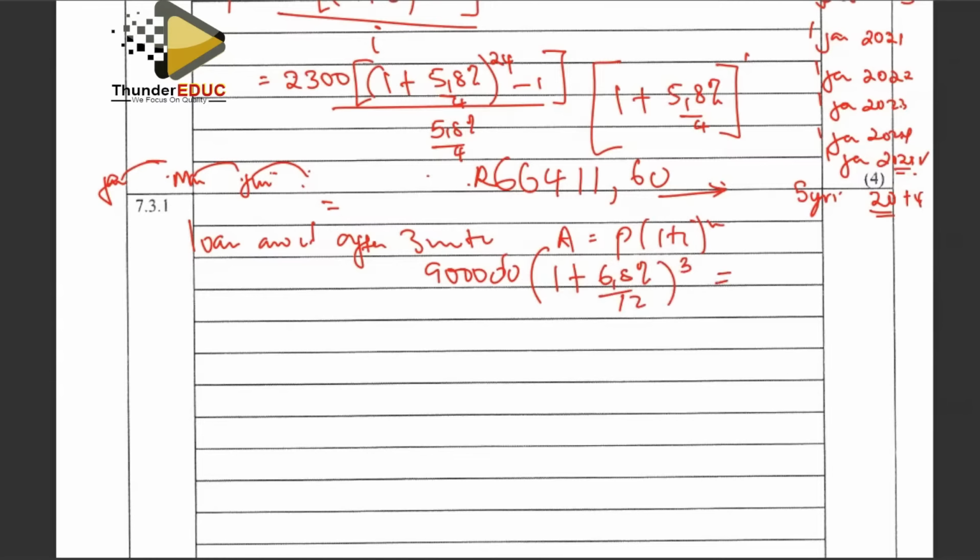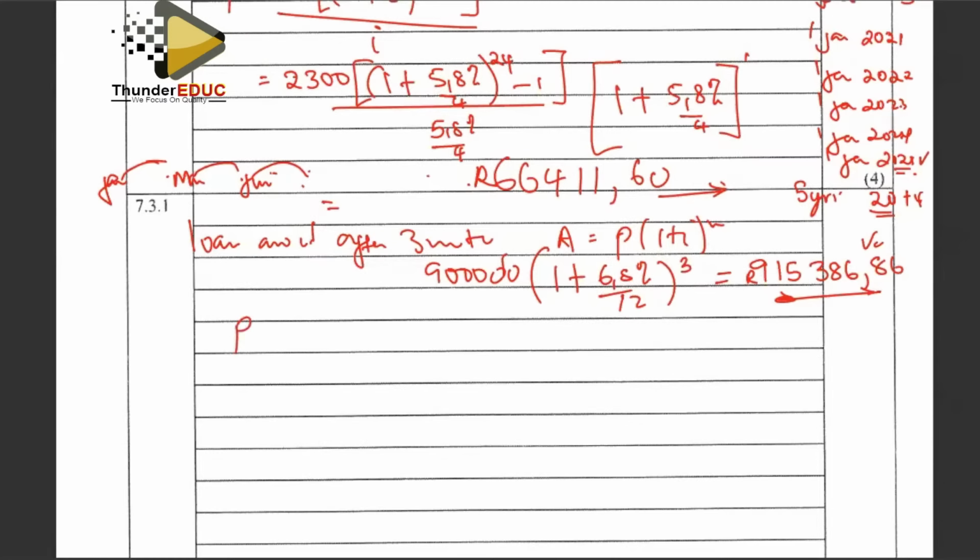Okay, when we punch that into the calculator, this is 1 plus 6.8% over 12 to the exponent of 3. I'm getting 915,386.86 rands. Okay, now this is the new loan amount that he should consider paying.